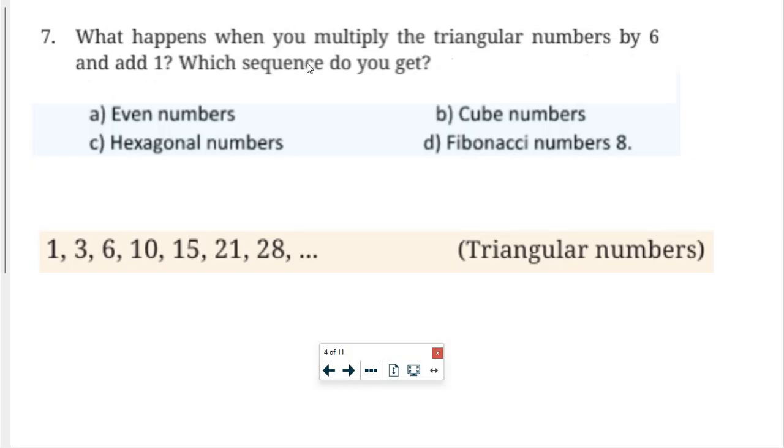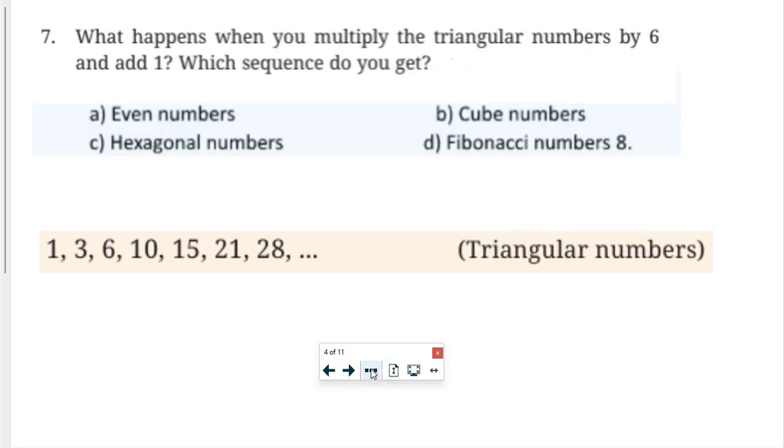What happens when you multiply the triangular numbers by 6 and add 1? That's the first question. Which sequence do you get? Can you explain this by using a picture or pictorial representation? So we are going to discuss all those.